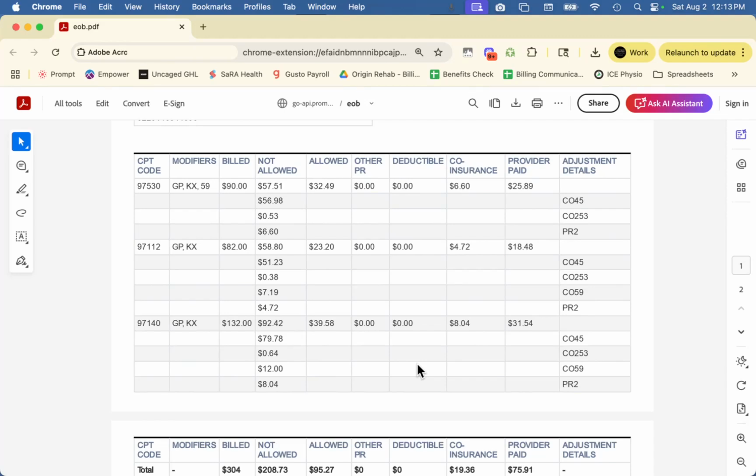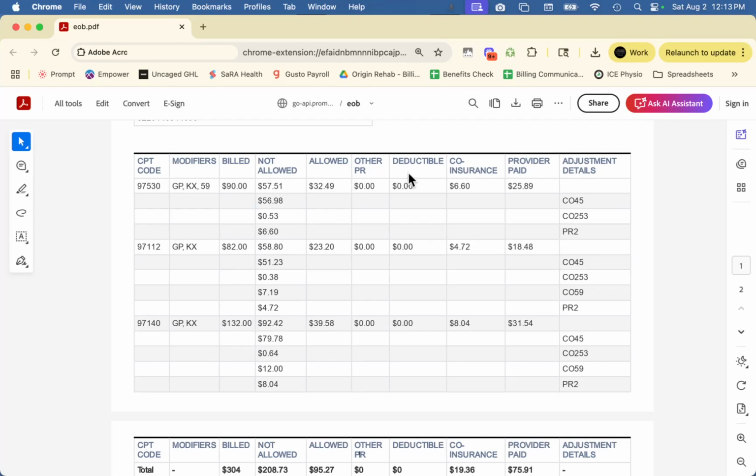But the big deal and the highlights here are here. This billed amount is not real dollars. It's usually a fictional amount that gets adjusted by the insurance company to ultimately allow a certain amount of charges for the code.